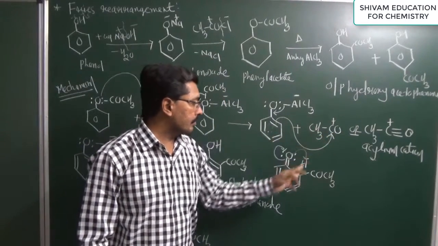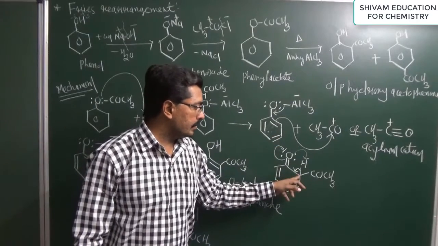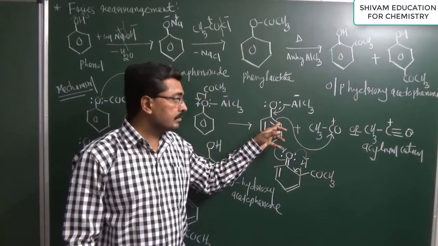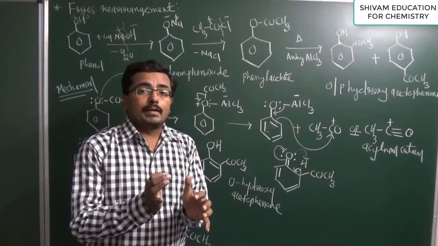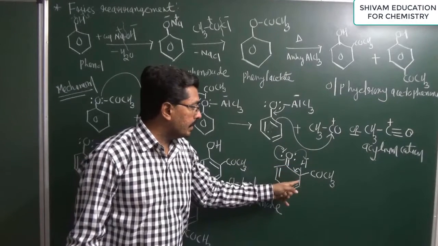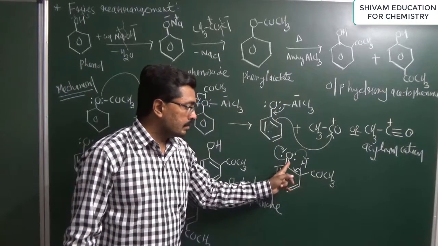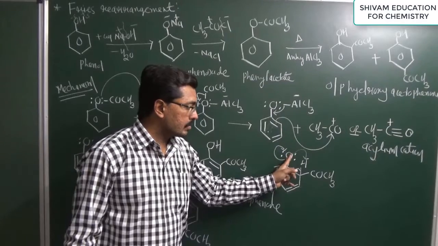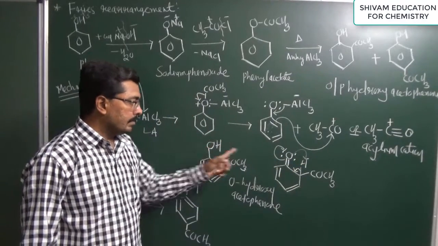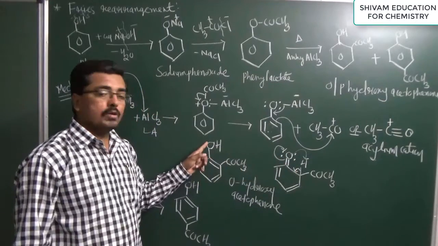It gives its electron pair to this, so a bond forms between this carbon and carbon. Now, with this carbon and hydrogen, to obtain the aromatic character back, a bond is once again formed between carbon and carbon. A double bond forms, this pi bond breaks, and the electron pair transfers onto oxygen. Oxygen gives the electron pair to hydrogen, so an oxygen-hydrogen bond forms.